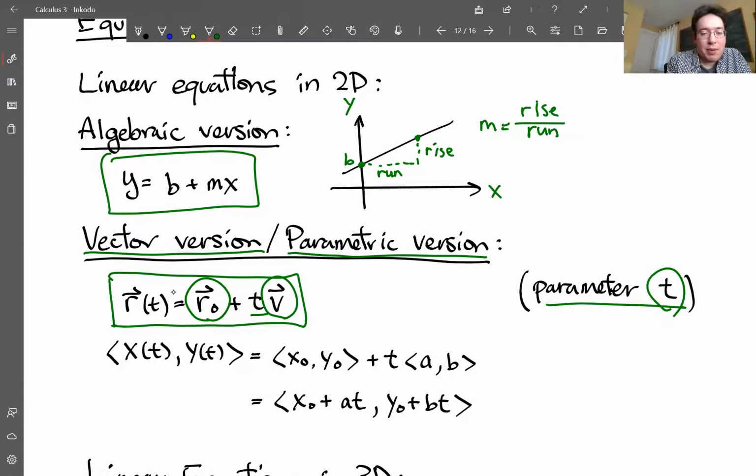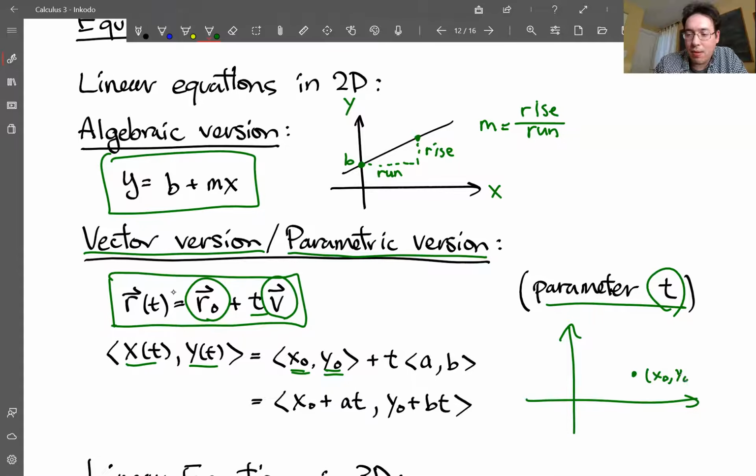Basically, what we have is this. So we have 2 formulas, x and y. And we start with some starting point, x naught, y naught. That's the starting point on a plane. And we travel in the direction of vector v.